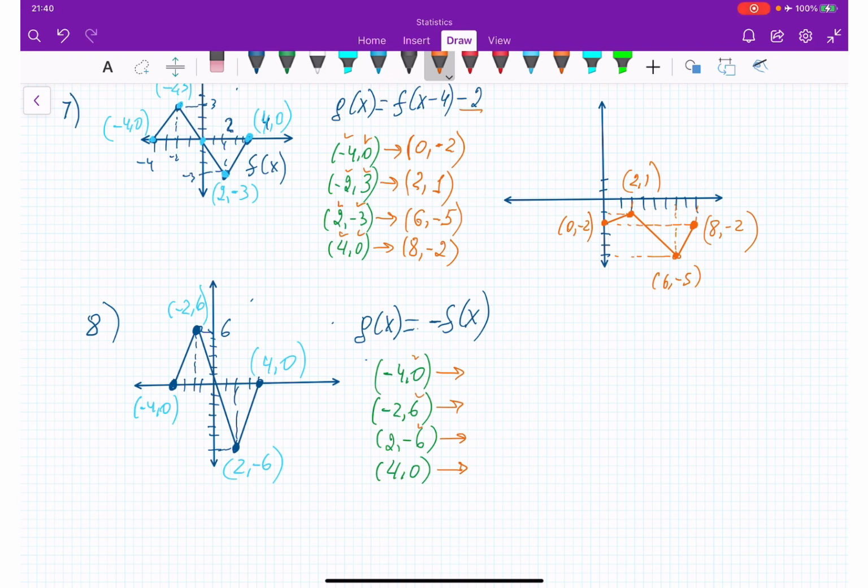Since in this case I have 0, I don't have anything to flip. It's going to stay the same. So I have -2, 6 becomes -6. I have 2, -6 becomes +6, and 4 and 0 stays the same.